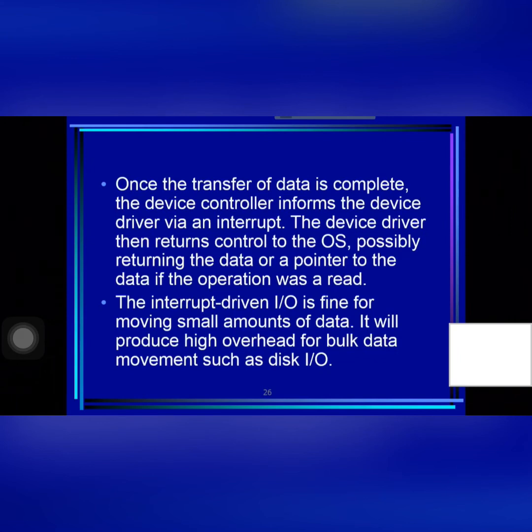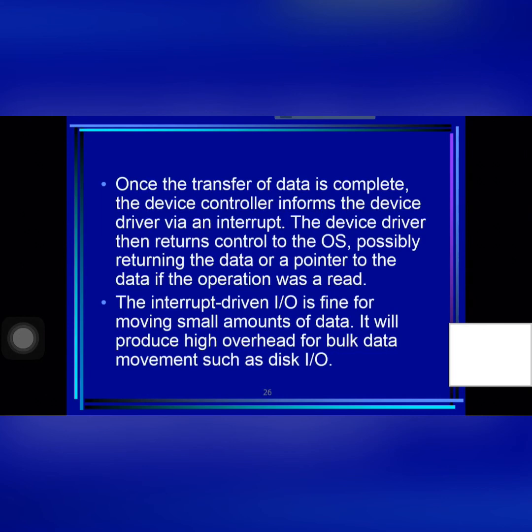This form of interrupt-driven I/O is fine for moving small amounts of data, but can produce high overhead when used for bulk data movement, such as disk I/O. To solve this problem, DMA is used. After setting up buffers, pointers, and counters for the I/O device, the device controller transfers an entire block of data directly to or from its own buffer storage to memory with no intervention by the CPU.